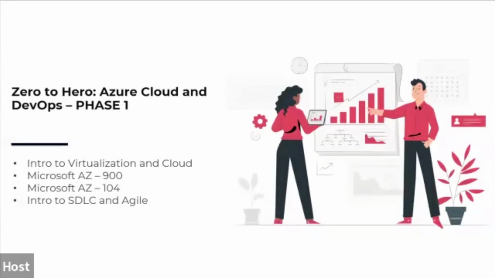But the next thing is, you need to understand how to work in a team-based environment. You need to understand the entire development life cycle and how teams usually work. That's the reason we put SDLC and Agile into this. In this phase, a certified Agile trainer, a SAFe trainer, will be joining our class.